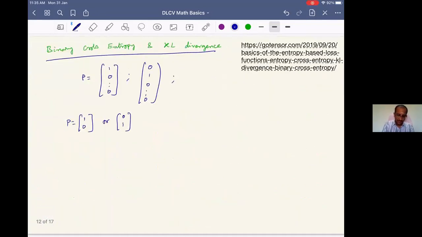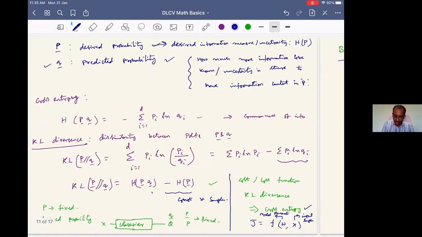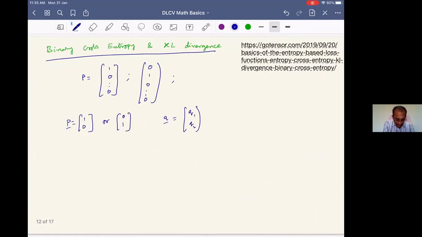So in that light, it's enough to see the cross entropy. In this case, especially when P bar is 1, 0 or 0, 1, and Q bar can be anything, Q1, Q2, how does cross entropy look? First, in general, how does cross entropy look? As we mentioned, in general, how do we define cross entropy?